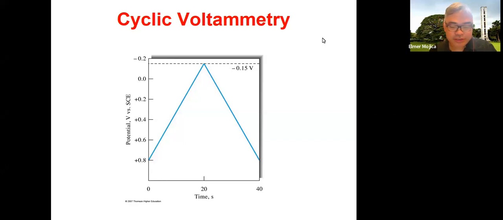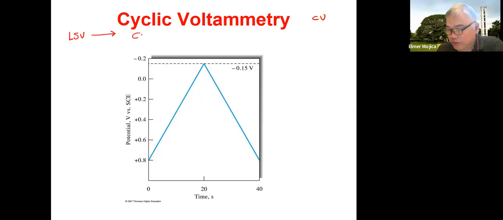So when we're talking about cyclic voltammetry or CV, this is just the reversible version of your LSV. When we have LSV, we scan the potential in one direction.